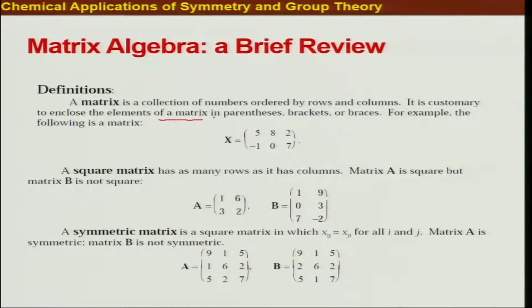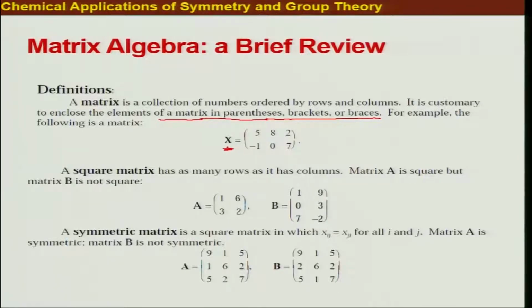The elements of the matrix, all the numbers in any of the rows or columns, will be in parentheses, brackets or braces.